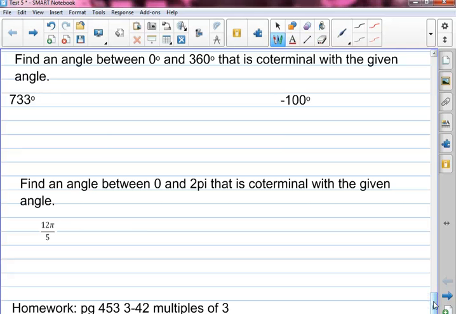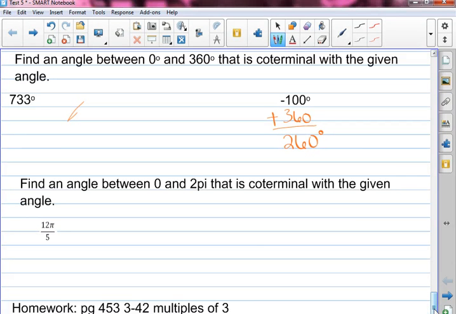All right, so find an angle between 0 and 360 that is coterminal with a given angle. I'm going to do the negative 100 degrees first. What you need to do, it's negative 100 degrees, so I'm going to add 360, and you get 260. If you were doing this one over here, it's bigger than 360, so I would subtract 360 until I got between 0 and 360.